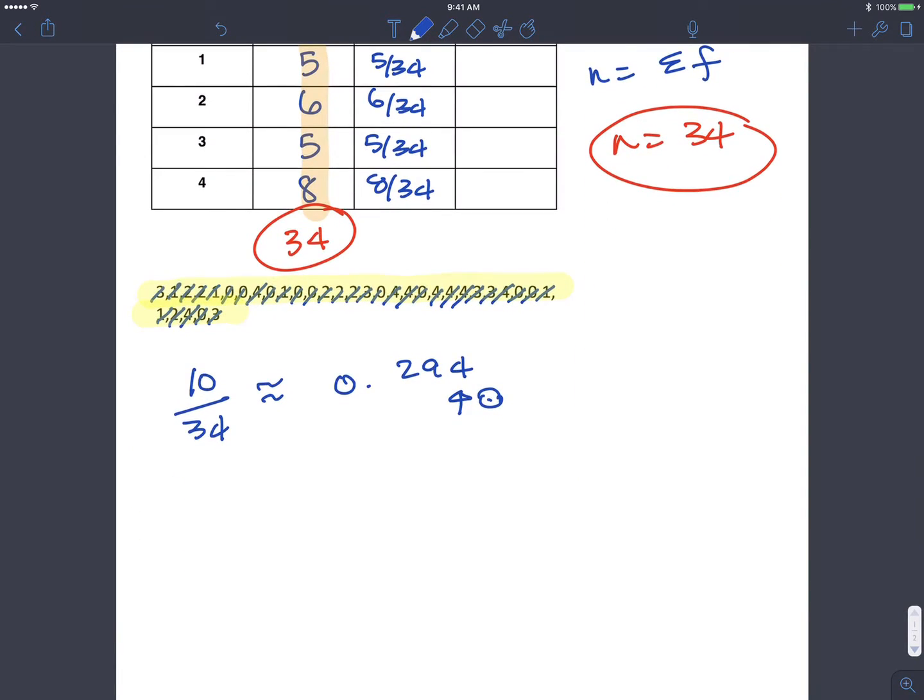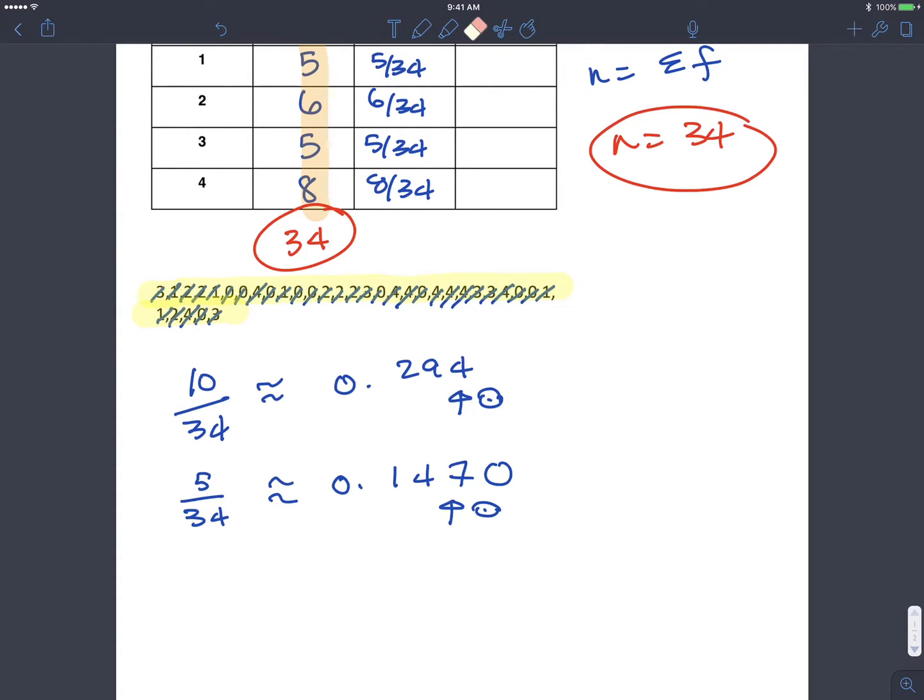Now, for the next relative frequency, 5 over 34, we'll see what this is going to be. And I get 0.1470. The 7 is in the thousandths position. I look at the digit to the right. It's a 0.